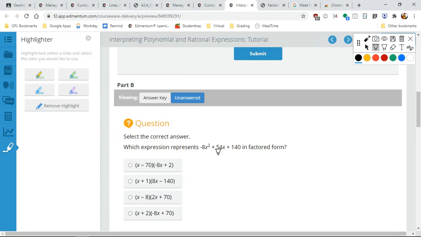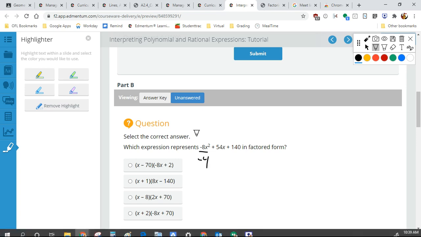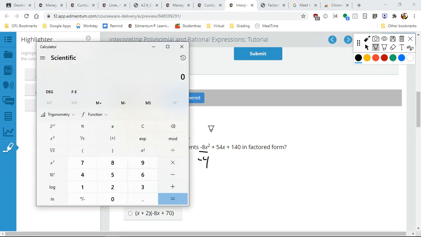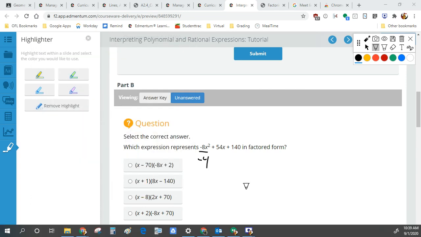What else can I take out? Let me try 4. I already know 2, but I want to try 4, because I know 4 goes into 8. I just don't know if 4 goes into the other stuff. So 54 divided by 4? Nope. Looks like I have to factor out a 2.